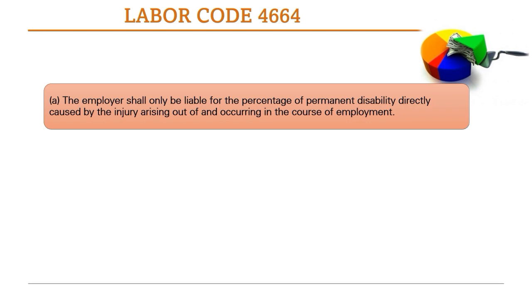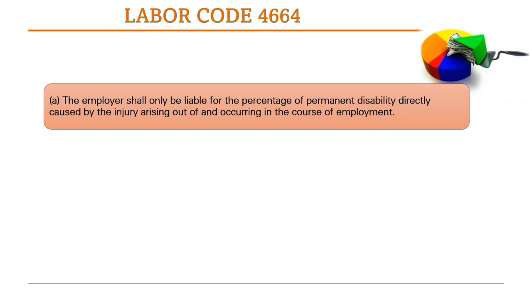So again, 4664 reiterates that the employer shall only be liable for the percentage of permanent disability directly caused by the injury, AOE and COE. And is this fair? Does this make sense to you that the employer should only be liable for that percentage of the disability that they caused?